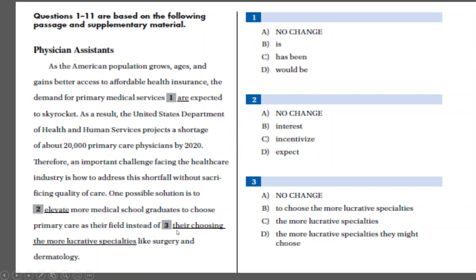And number 3, they're choosing the more lucrative specialties, either to keep it as it is or to change it to choose the more lucrative specialties, or the more lucrative specialties they might choose. Remember, in the SAT, most answers require the simplest and easiest ways to convey a meaning.